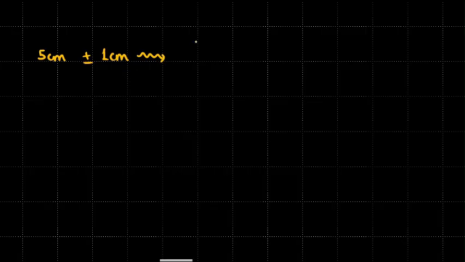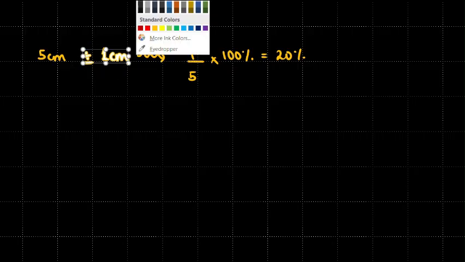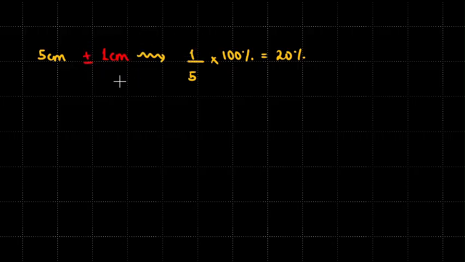So we have 1 by 5. The units cancel out, so I'm not writing that. So error by true value into 100% gives you 20%. So when we have an error of 1 centimeter in 5 centimeter, it will be 20% error.